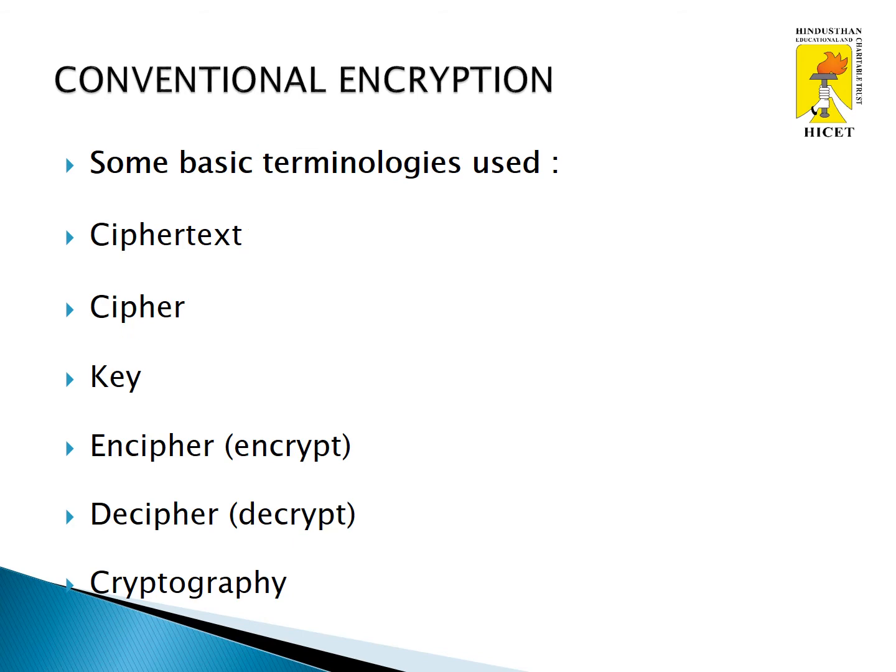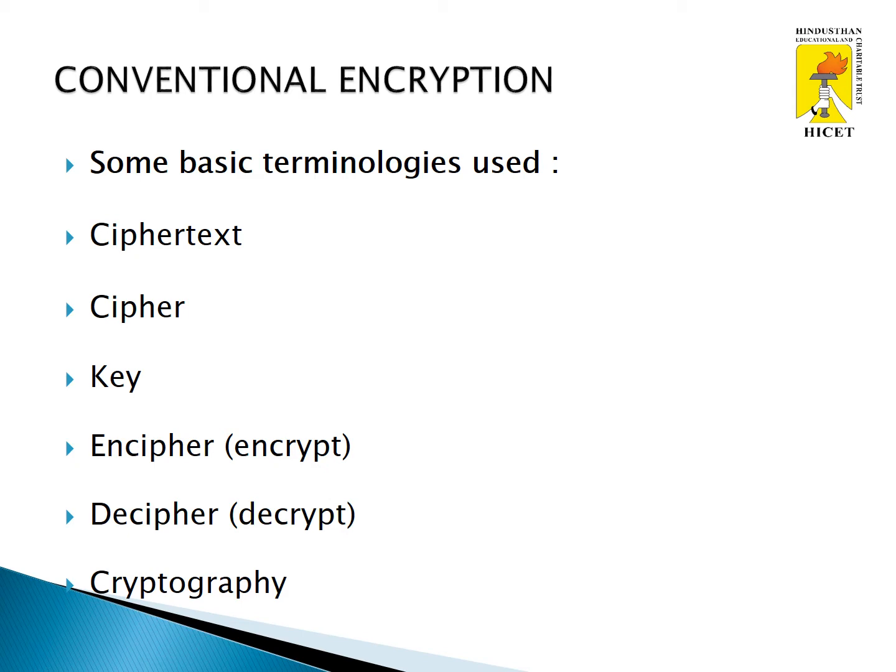Next, some basic terminologies used in conventional encryption are: first one, ciphertext. Ciphertext is the coded message. Next, cipher. Cipher is the algorithm for transforming plain text to ciphertext. Next, key. Key is the information used in cipher which is known only to sender and receiver.